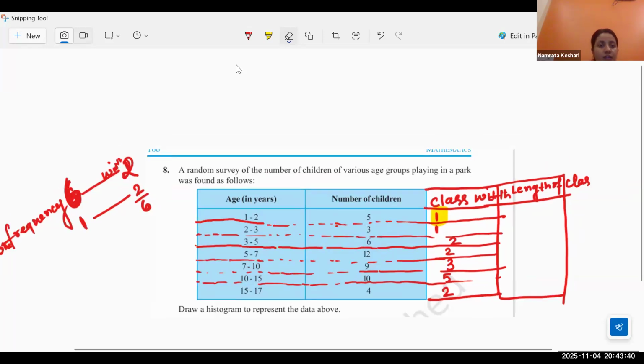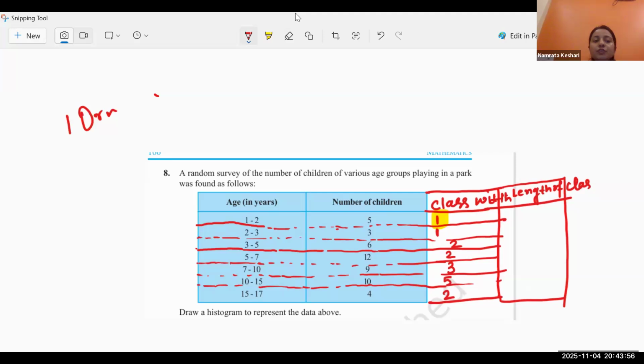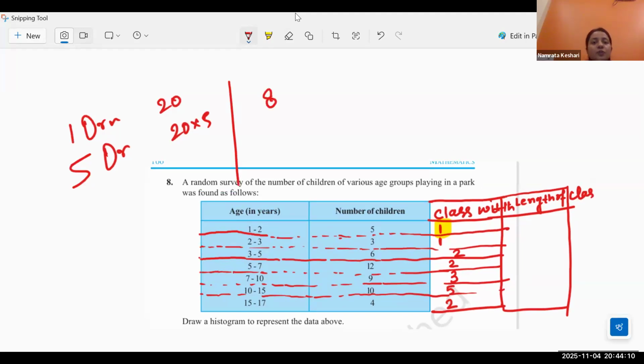Let me write the same thing in a reverse manner, because we need to change the frequency. Unitary method I was showing you in one of the classes: when one orange's price is given as 20 rupees and you want to find the price of 5 oranges, you will do 20 into 5. Yes or no? Yes, ma'am. Similarly, the next case is when 80 oranges' price is given as 200 rupees and you want to find one orange's price, that will be 200 by 80, right?